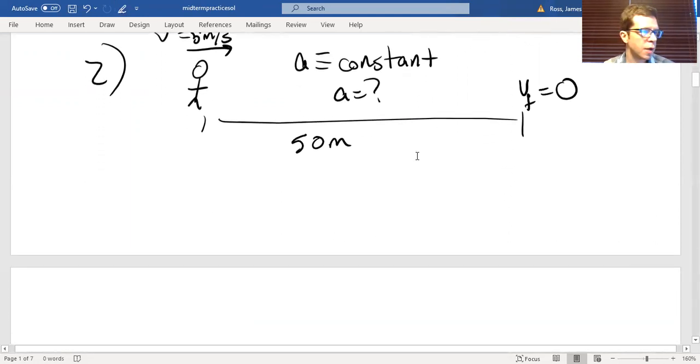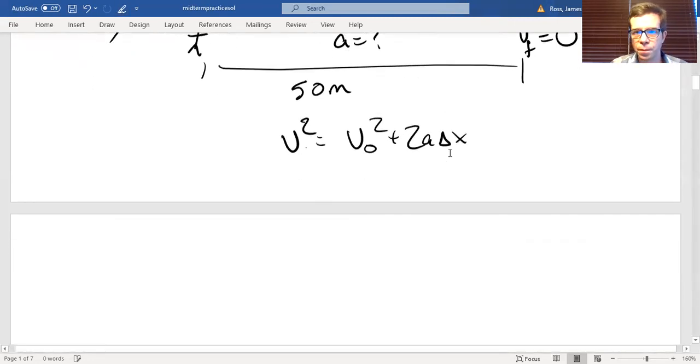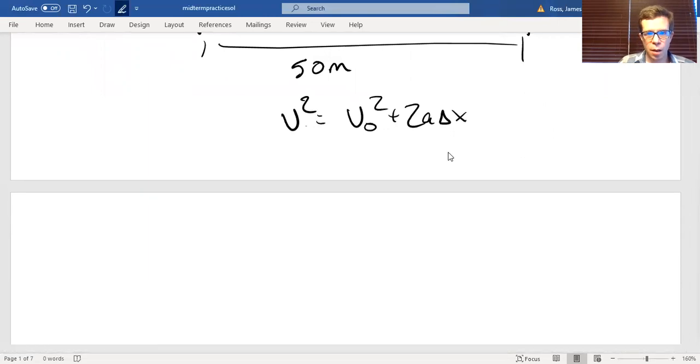All right, so this is just a straightforward kinematics equation. Same as the last one, just we have different values for our velocities. And it's the A we're looking for. So we have V squared equals V naught squared plus 2A delta X. The final velocity is 0.